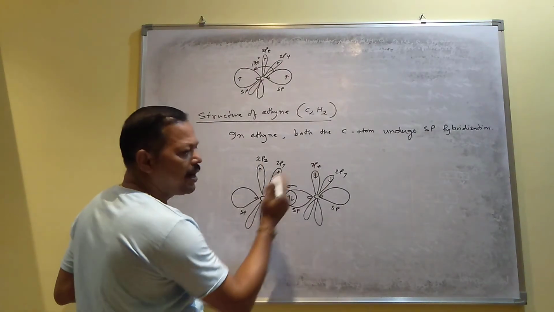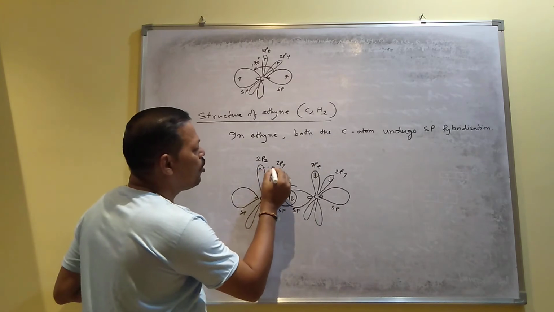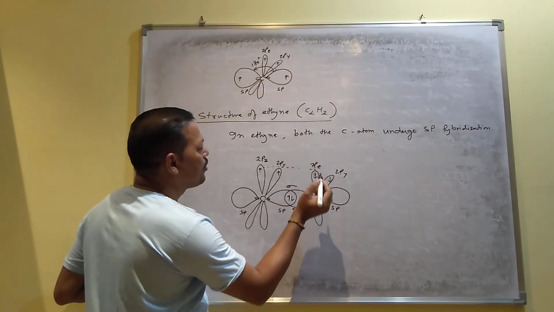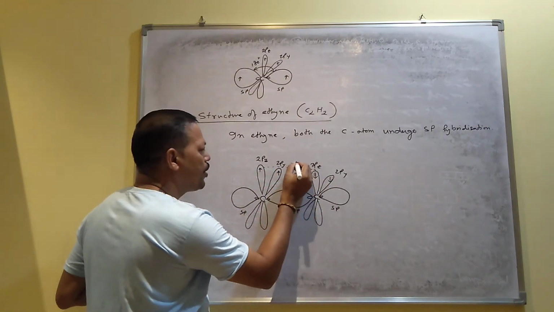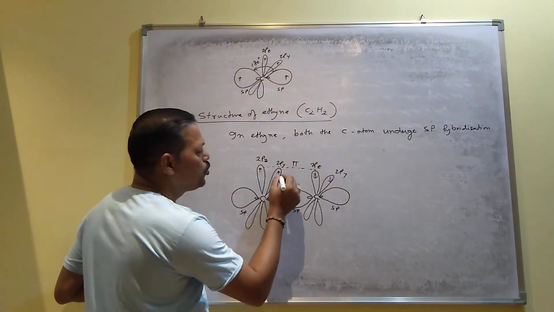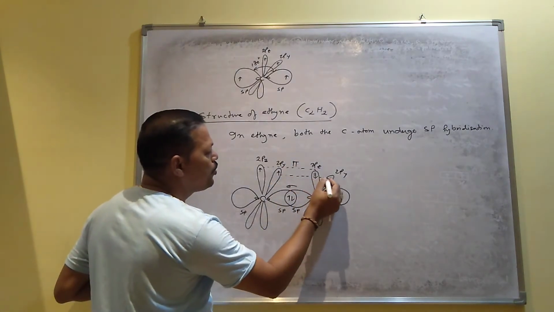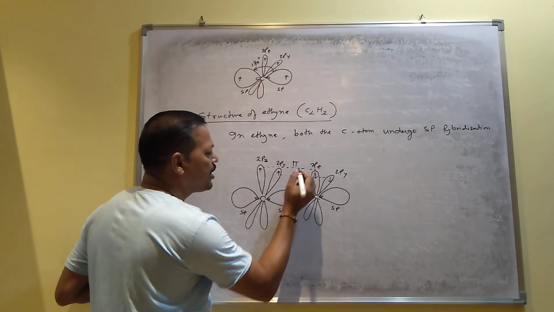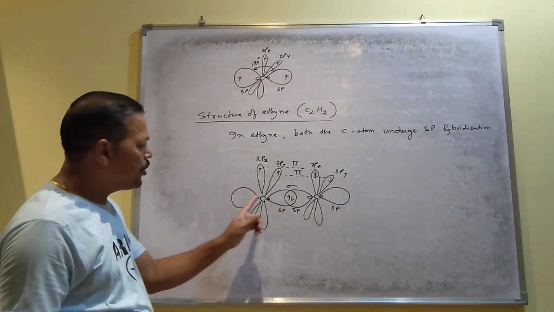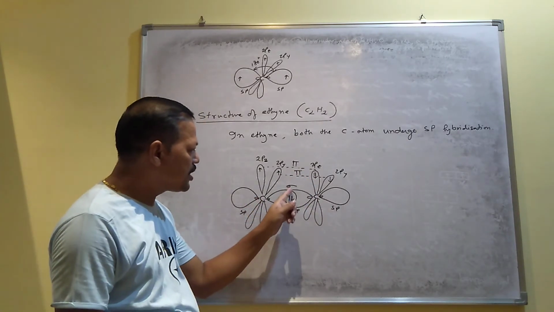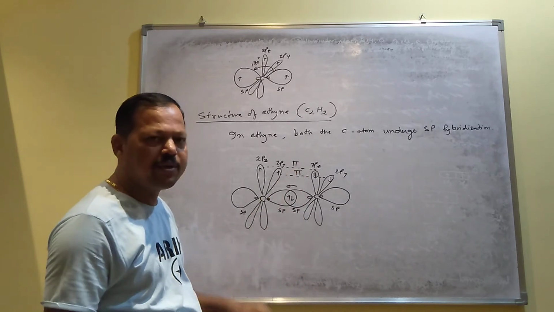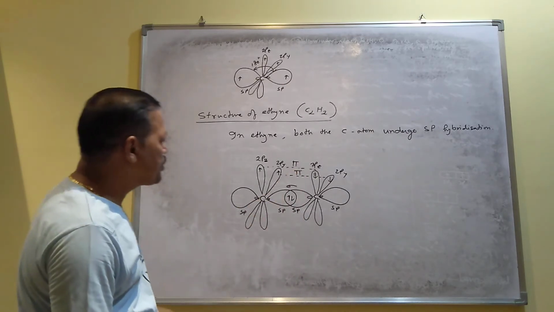Since they are parallel, 2pz overlaps with 2pz, and they can form a pi bond. 2py overlaps with another 2py, and it produces another pi bond. I mean, between the carbon and carbon, you will get one sigma bond and two pi bonds. I mean, a triple bond will be produced.